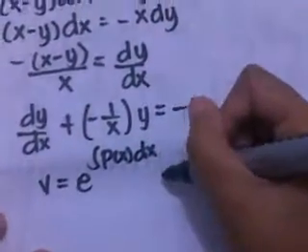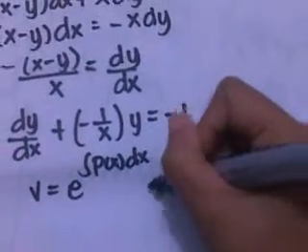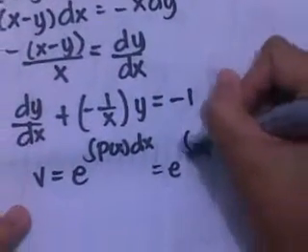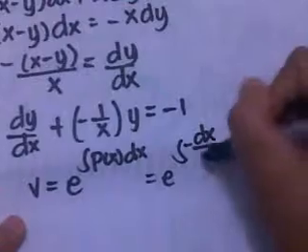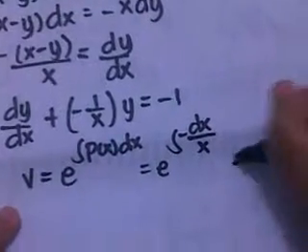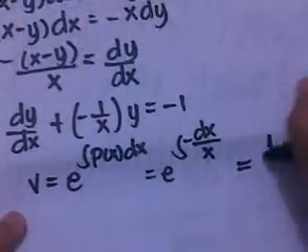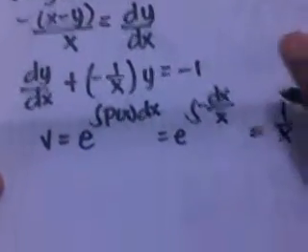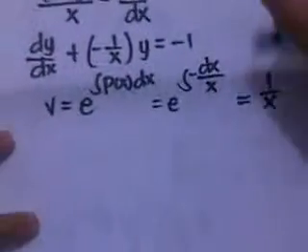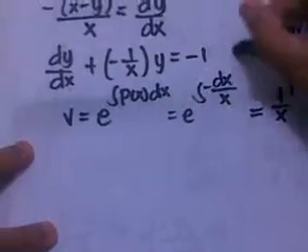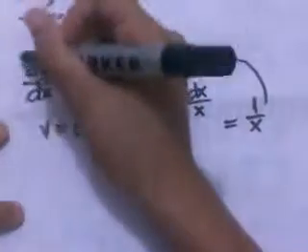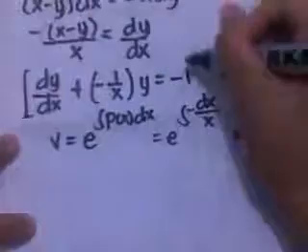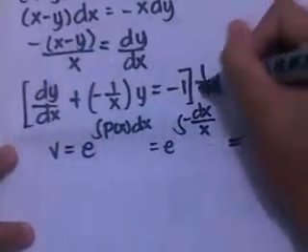The integrating factor v is equal to e to the negative integral of dx over x. So the answer is 1 over x. So the integrating factor, 1 over x, should be multiplied to the standard form.